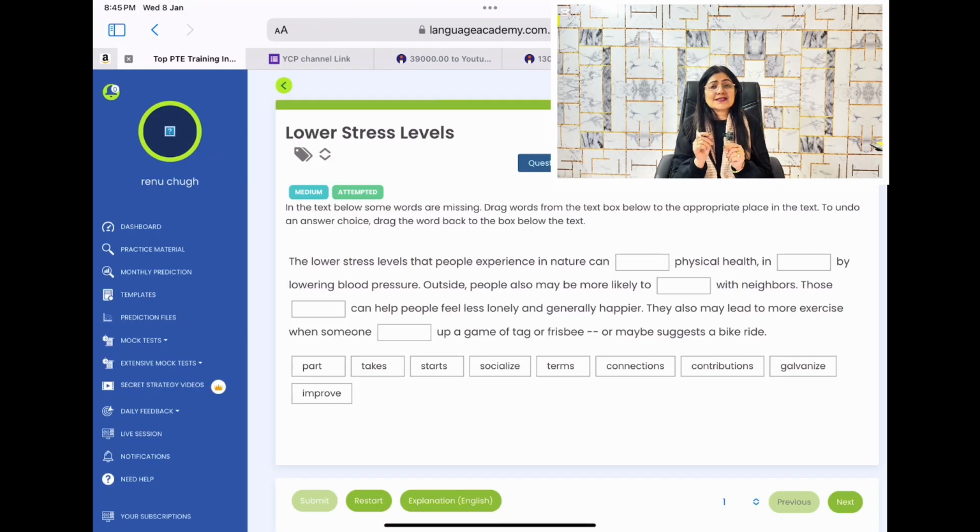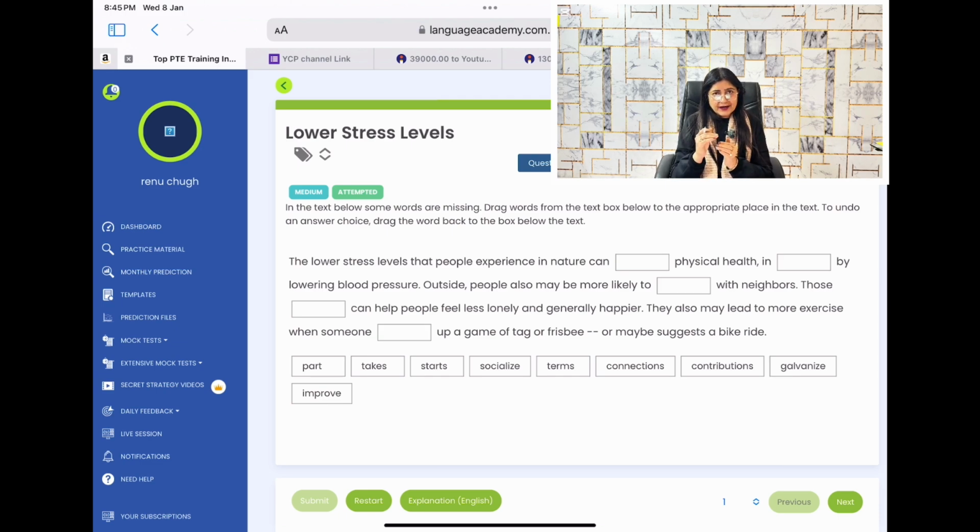Those is used as an adjective, so after that there will be a plural noun because those is the plural of that. Then we have someone dash up. Up means a preposition is there, some phrasal verb would be there, and someone is singular, so a verb that agrees with the singular subject will be there.